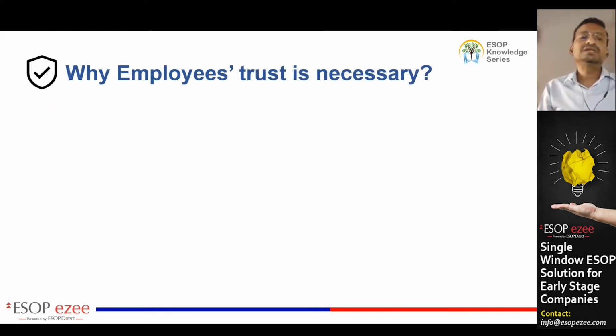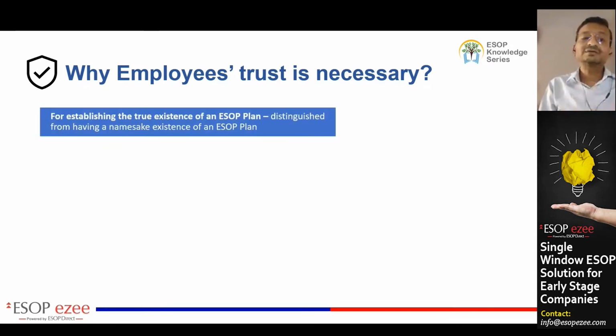Now coming to the question, why is employees' trust necessary at all? For establishing the true existence of an ESOP plan, as distinguished from a namesake existence of an ESOP plan. Out of say 500 or 600 implementations we have personally supervised or assisted, we have never seen any company implement an ESOP plan deliberately to have a namesake existence.